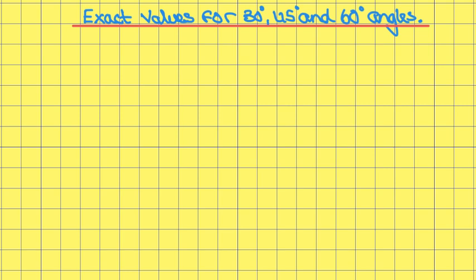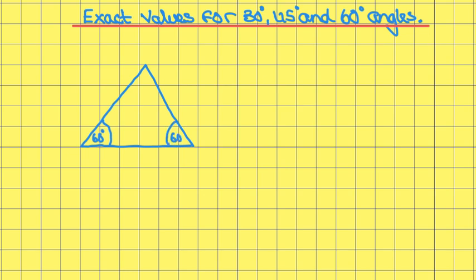So the first thing you need to do, I'm going to work out 30 and 60 degrees. First thing you need to do, draw yourself an equilateral triangle. The one good thing about an equilateral triangle, we know that all the angles are 60 degrees.